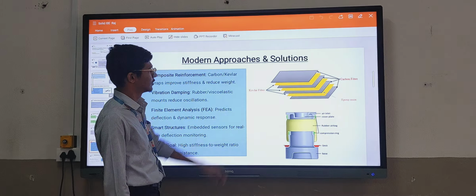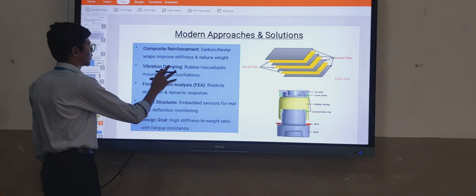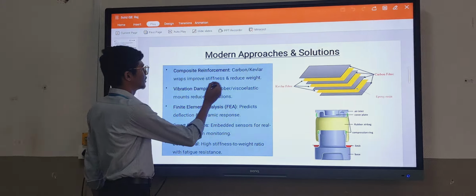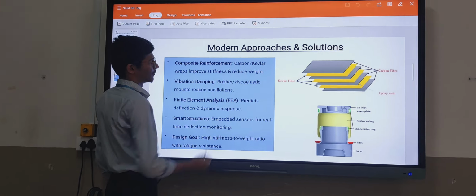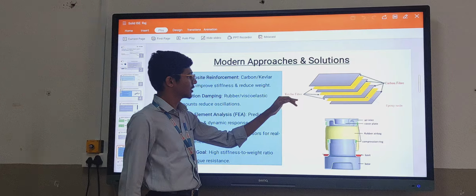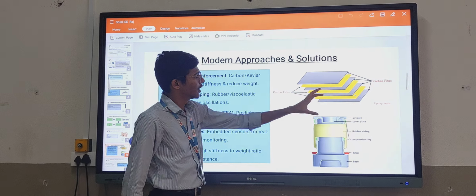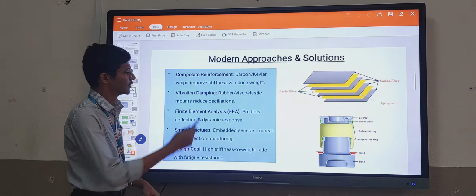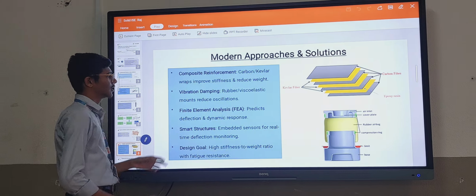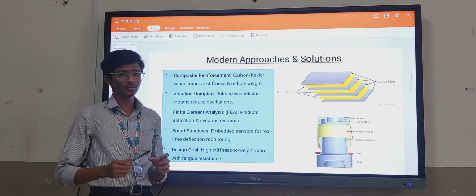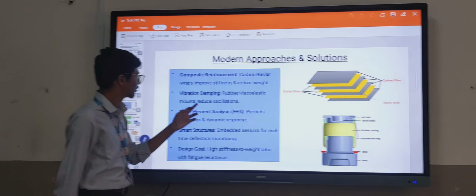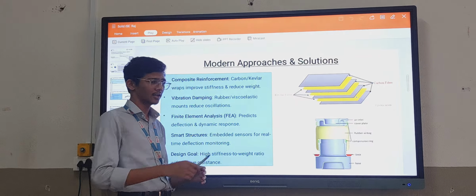Modern approaches and solutions: composite materials like carbon fiber reduce the weight of the antennas. For vibration damping, we can use rubber and viscoelastic mounts to resist the oscillation of the antenna.